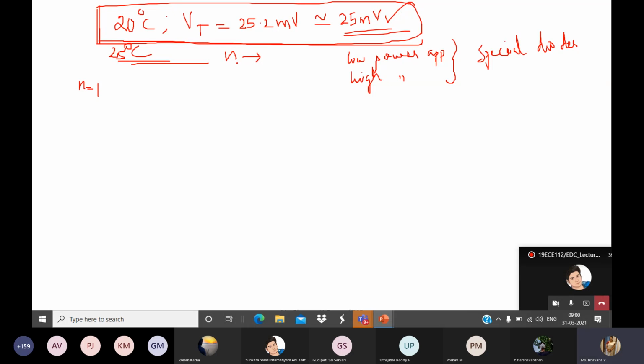So in the diode current equation, N is a constant that depends upon the material and physical structure used for the diode fabrication. In general, assume N equal to 1 if not specified.